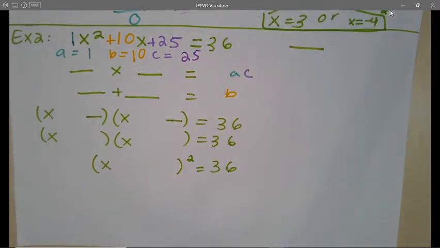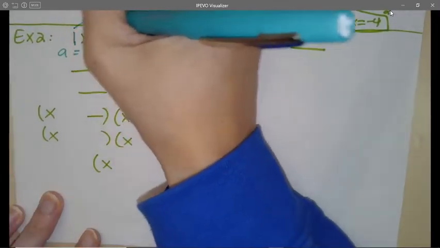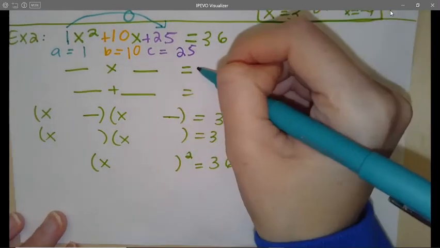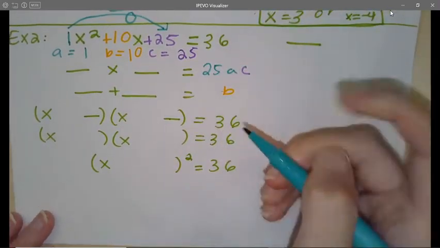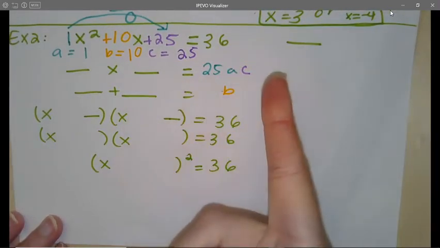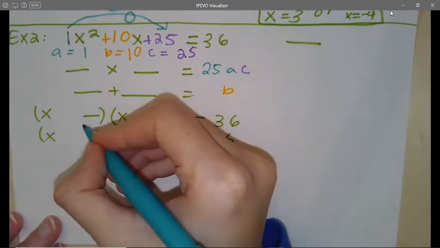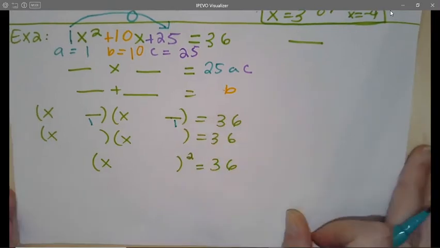Okay, so let's start sliding and dividing. So I'm going to slide A to C. So 1 times 25 is 25. Don't forget, it is called slide and divide. So slide by A, and then later on I'm going to divide by the A, which A is 1.